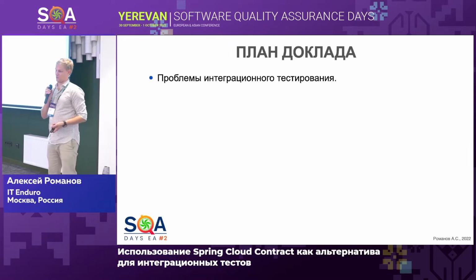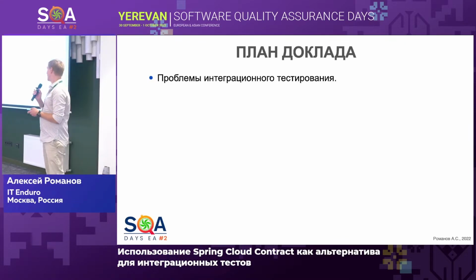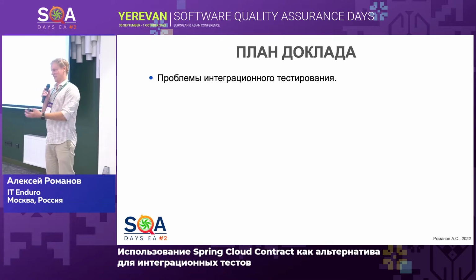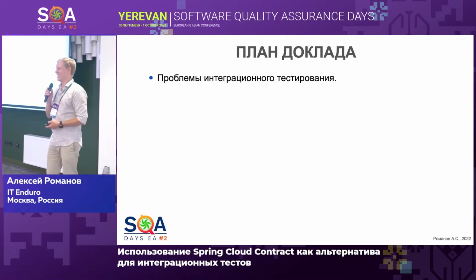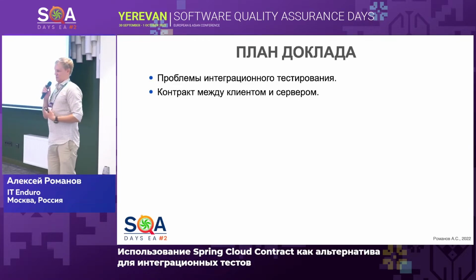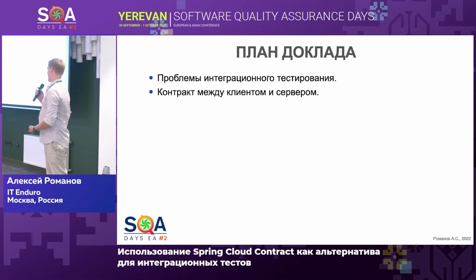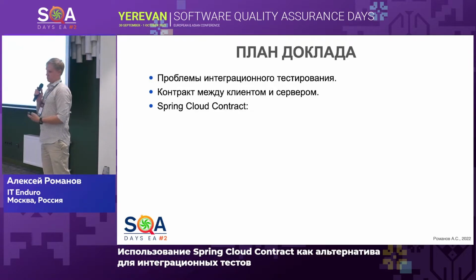So what are we going to discuss? We'll talk about integration testing. Have you ever seen some of those tests? And do you have them? Okay, great. Also, we'll talk about contracts and why we need a contract.